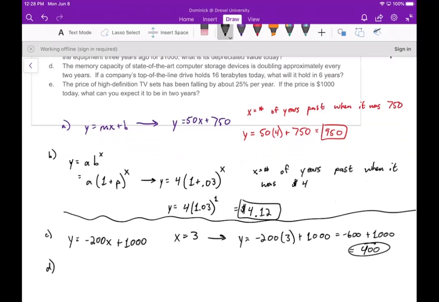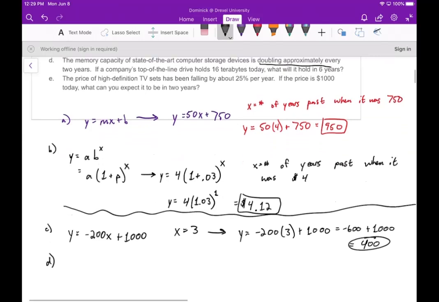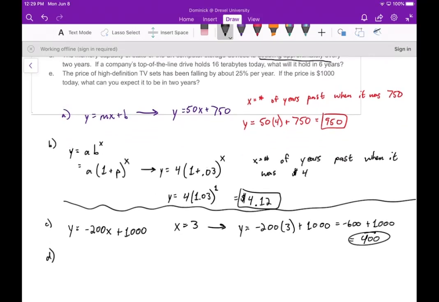Okay, part D, we have that the memory capacity of the state-of-the-art computer storage devices is doubling approximately every 2 years. Now, a company's top-of-the-line drive holds 16 terabytes today. What will it hold in 2 years? Now, there's a couple different ways that we can think about this. If we think of it as y equals a times b to the x, then we're doubling each time.